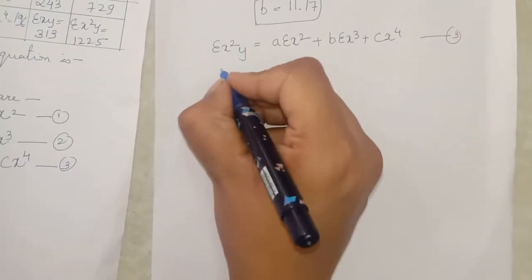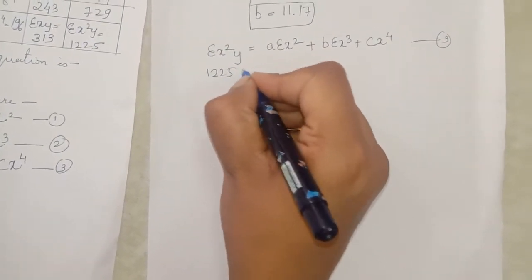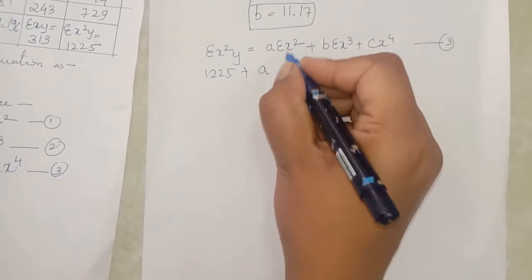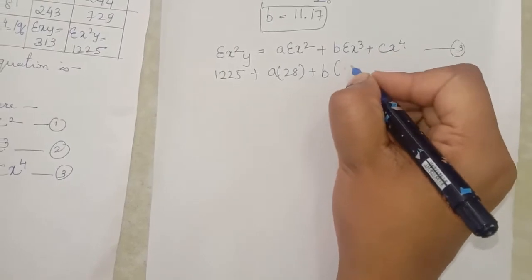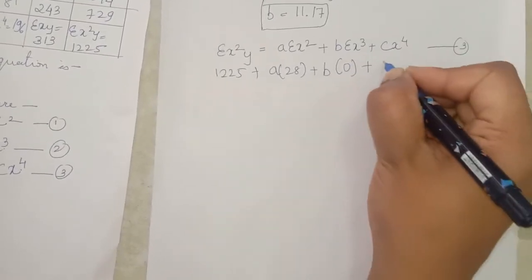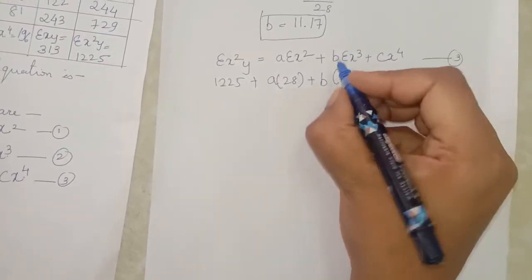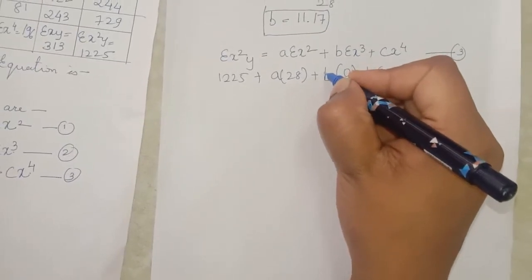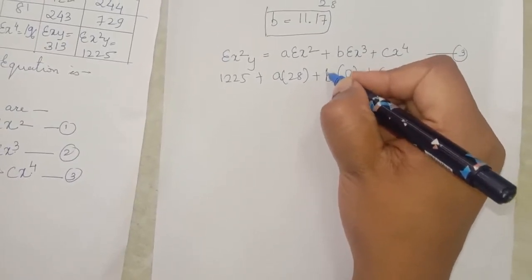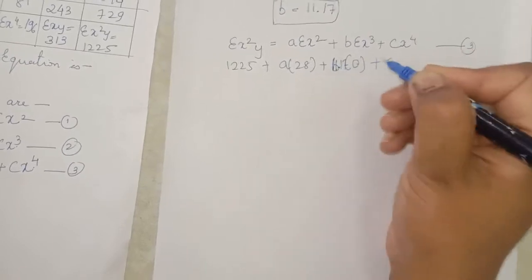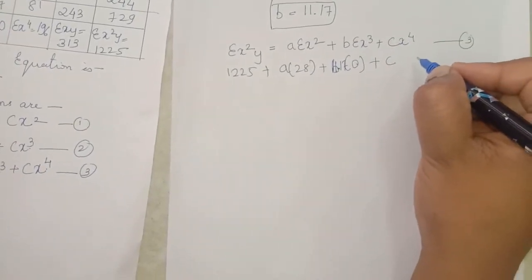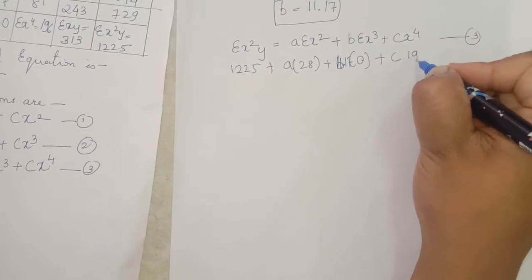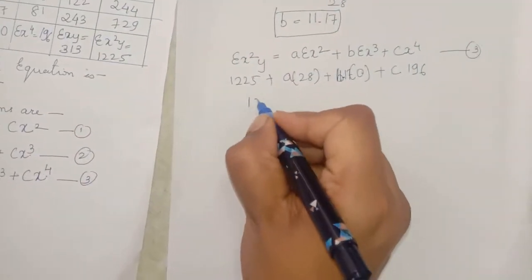Summation x square y is 1225. A we don't know. Summation x square is 28, plus b summation x cube is 0, plus c summation x raised to 4. See in the table, it is 196. Okay, so simplify.